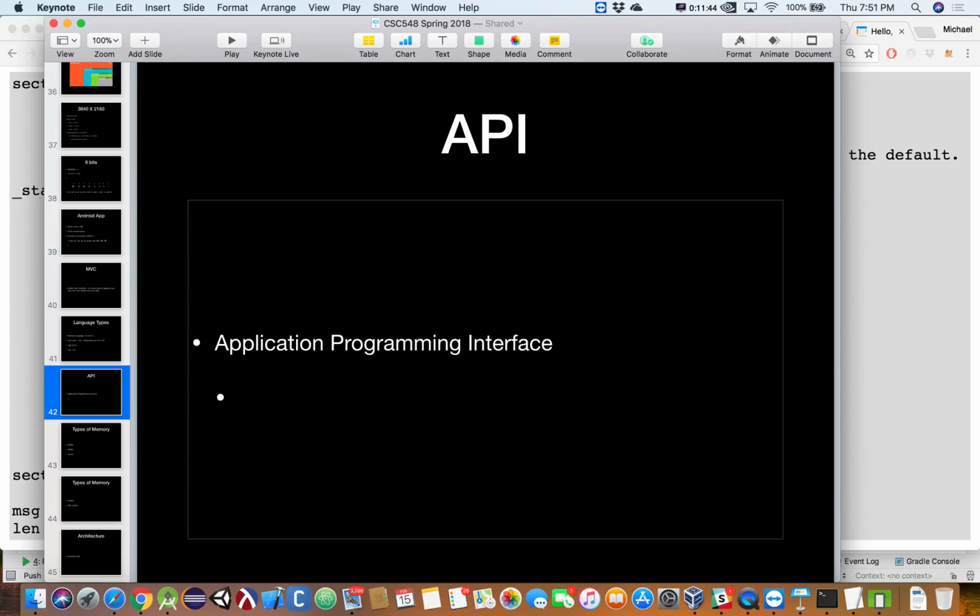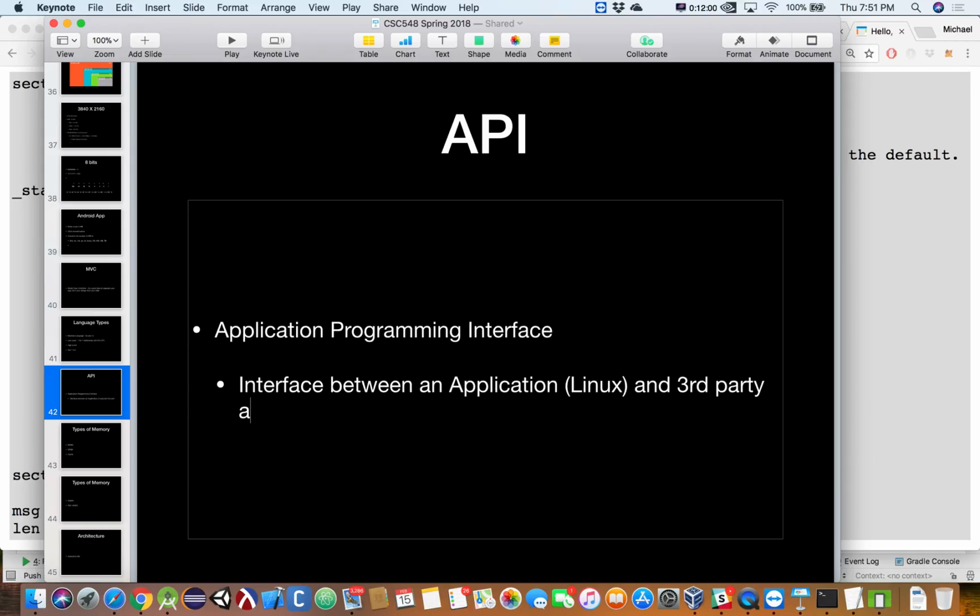Okay, so this is, and we kind of operate off of the word you gave it. So it's an interface between an application, for example, Linux, and third-party applications. Maybe our program.